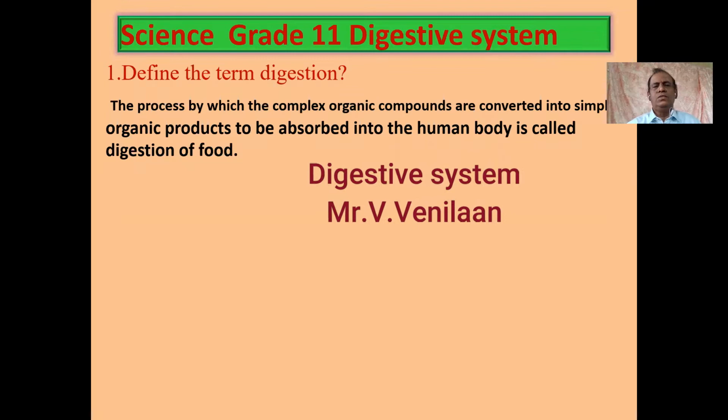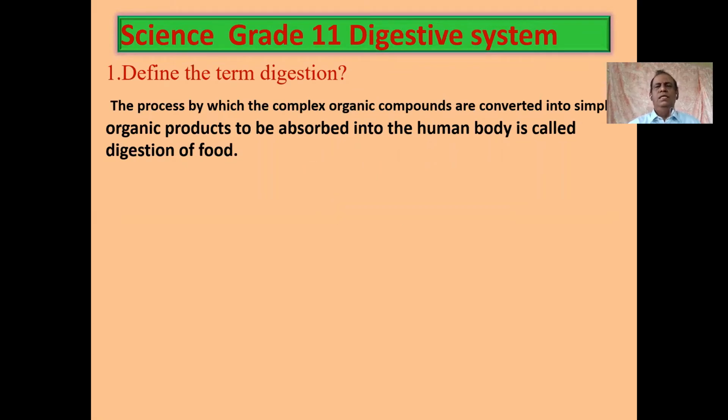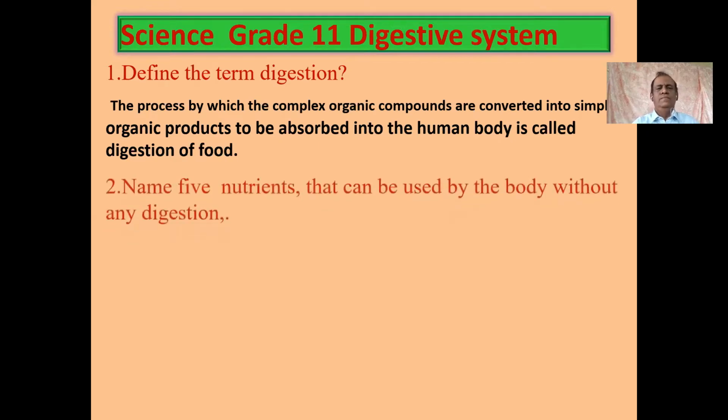Here the complex organic compounds mean carbohydrates, lipids, and proteins. They are converted into simple absorbable molecules such as glucose or other monosaccharides, amino acids, fatty acids and glycerol. This is a function of the digestive system.